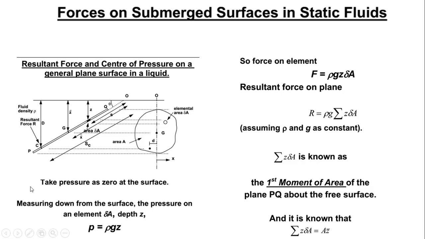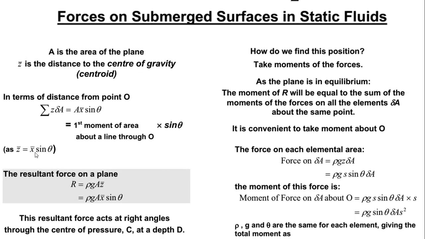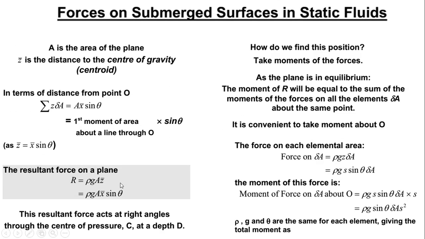So for us to have a more balanced moment here, we need this length to be longer than this other side, so that when we take the summation of moments to get equal to 0, the longer arm will compensate for the smaller force on this side, and here we've got a larger force, so the larger force will compensate for the shorter distance from C to P. Okay, so what we can conclude now is the resulting force on a plane will be equal to density multiplied by acceleration due to gravity, multiplied by area, multiplied by X bar sine theta.